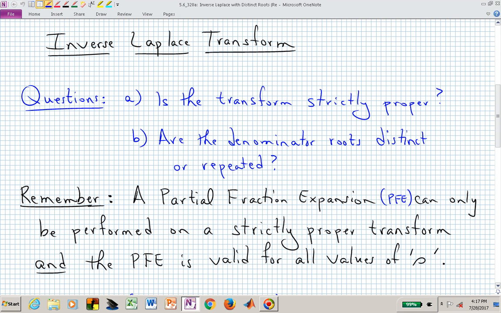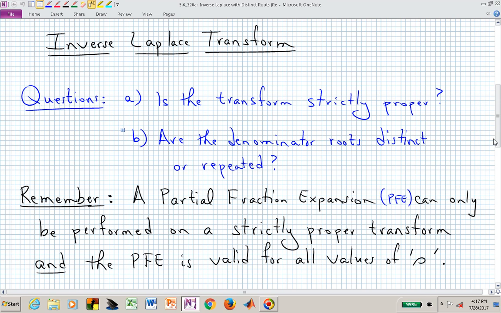Just as a reminder, there are a couple of things to keep track of. One is that the partial fraction expansion procedure can only be done with a strictly proper transform. You can perform it with an improper transform, but that'll just give you a mess. So in order to avoid going through all of that calculation and ending up with a mess, make sure that the degree of the numerator is strictly less than the degree of the denominator before you start doing a partial fraction expansion.